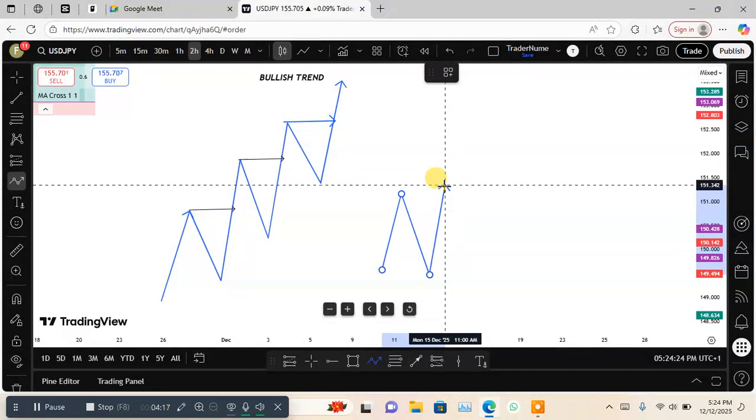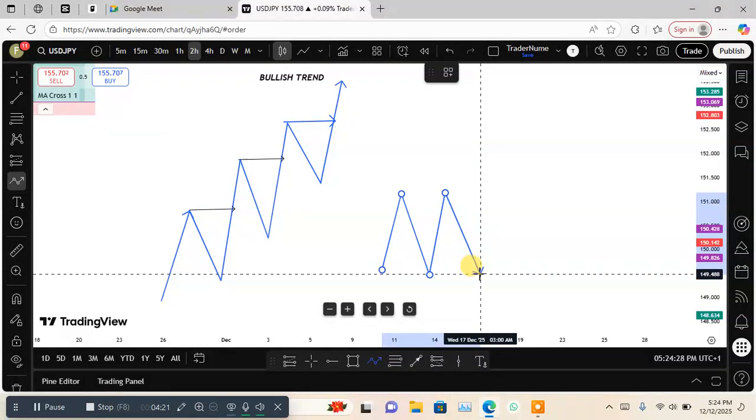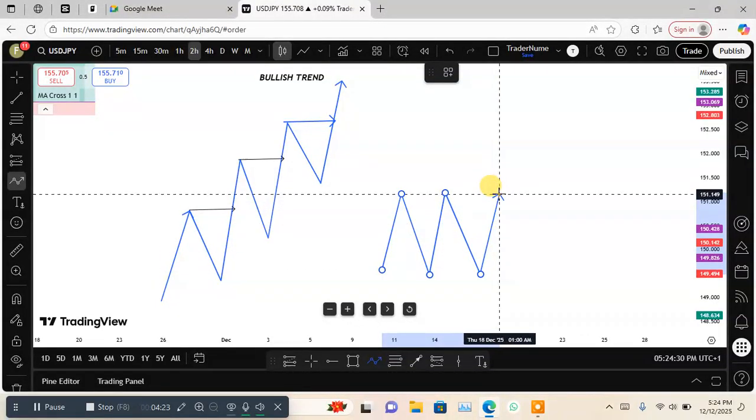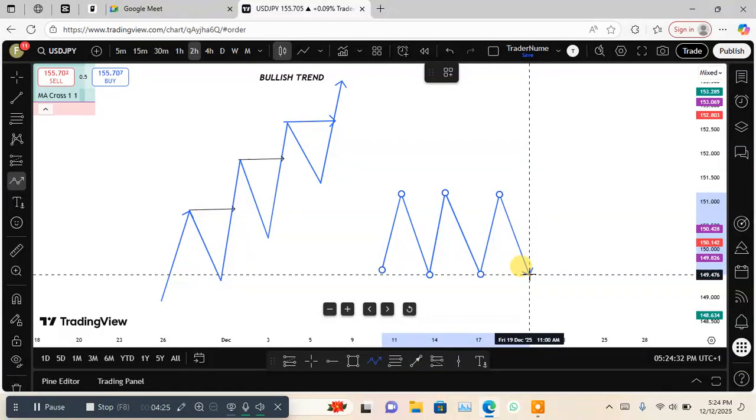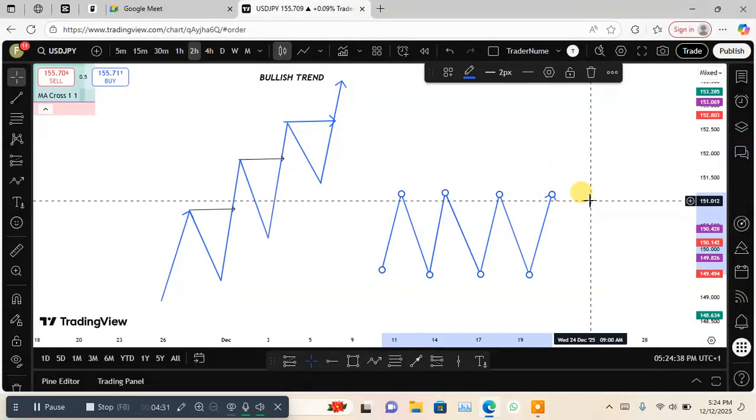It does not break any major high or any major low. This is called a ranging market. I'm not going to be talking about it because I don't want to bore you with gists upon gists. There are some things that I will not be talking about. I'll just go straight to what you just need to know in the forex market that could make you money when you begin to trade. That is only what I'm going to be talking about.